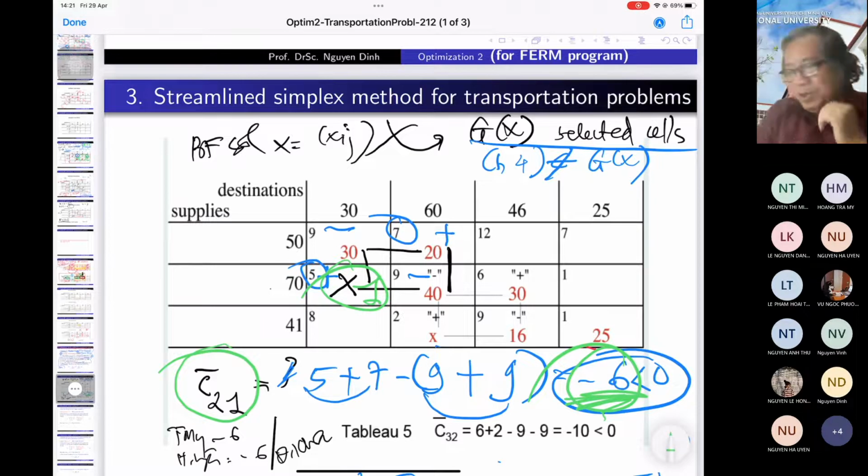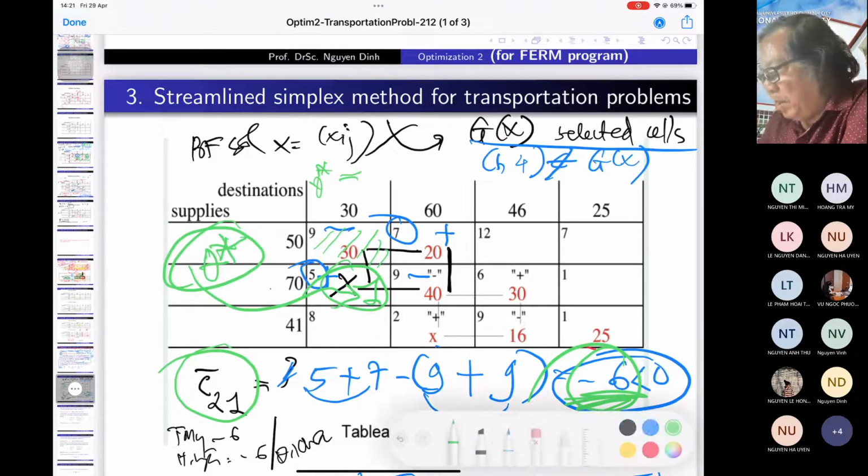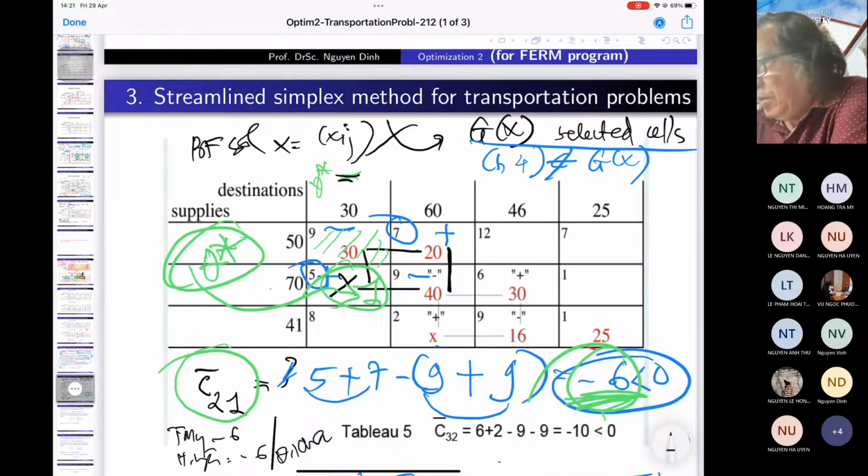Okay. You see the leaving cell will be C11 here. Why? Because of theta star, you calculate this, you will move to this as much as possible, and as much as possible means equal to theta star. Is that okay? And the theta star is calculated by what?